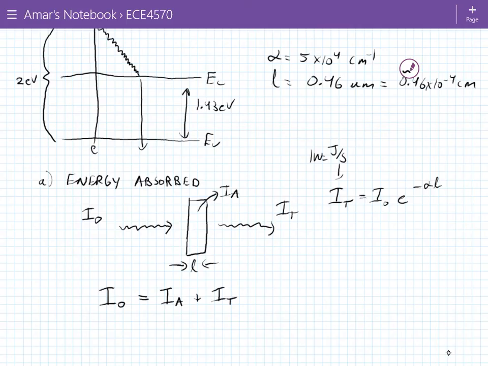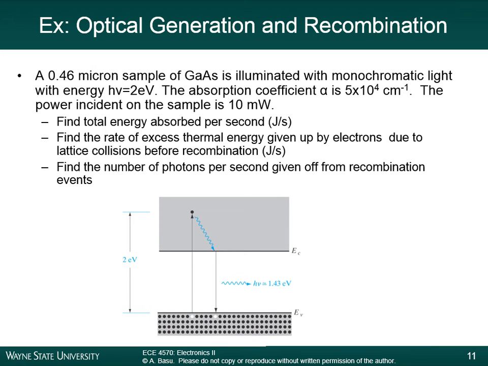So this is 10 milliwatts, because we were given that the power incident on the sample is 10 milliwatts.